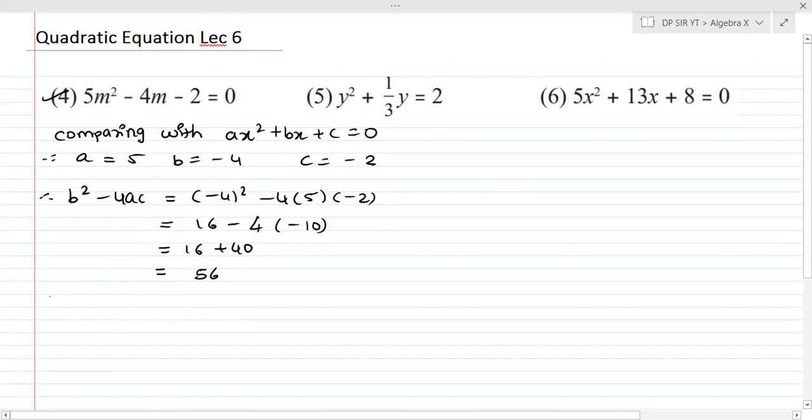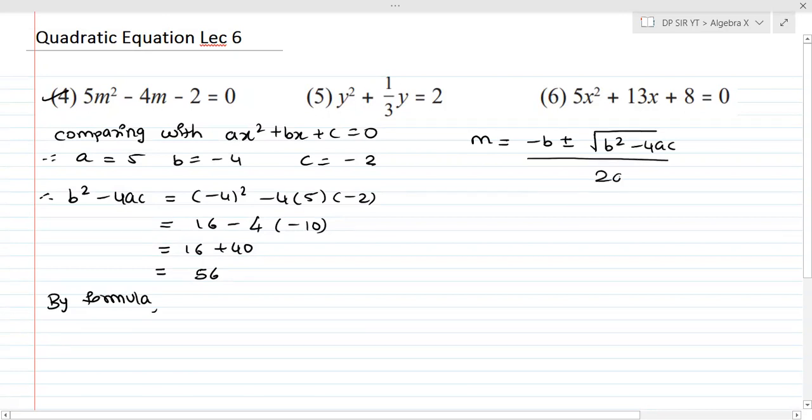So we write by formula: m is equal to minus b plus or minus under root of b square minus 4ac upon 2a. m is equal to minus of minus 4 plus or minus under root of 56. Where did we get 56 from? Here it is.